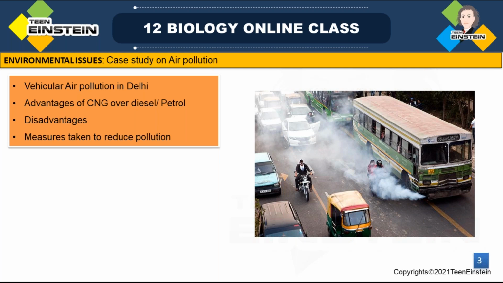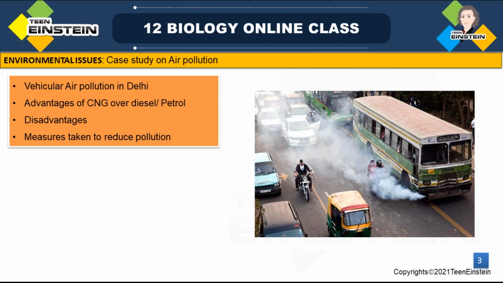from the public side, a public interest litigation was filed in the Supreme Court. Due to that much pollution in Delhi, as we said already, it was in 4th position among 41 most polluted cities of the world.